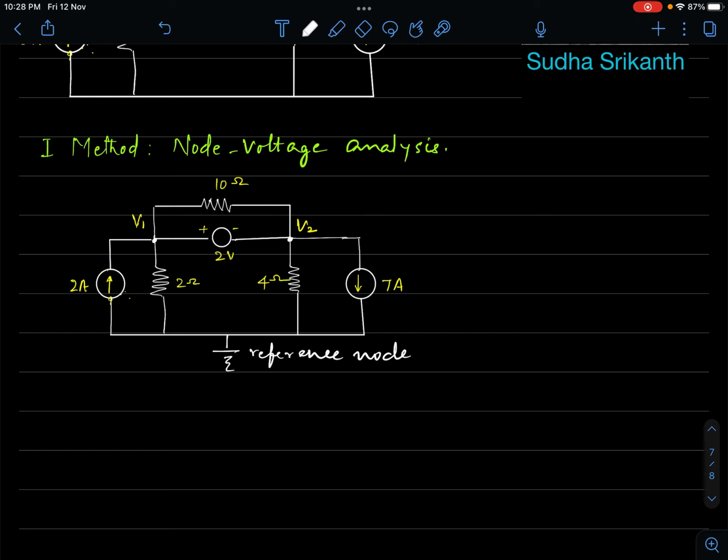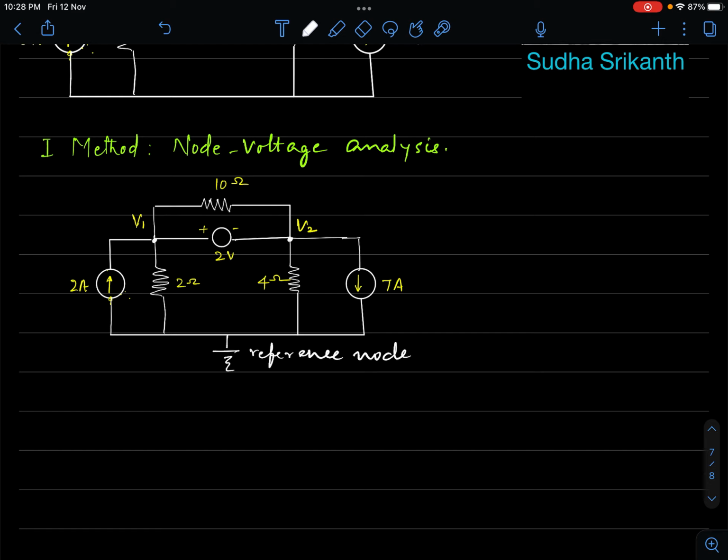Now let's look at this network. We have two independent current sources, 2 amperes and 7 amperes, and a voltage source of 2 volts. An interesting thing to note here is that there is a 10 ohm resistor connected across this 2 volt source.